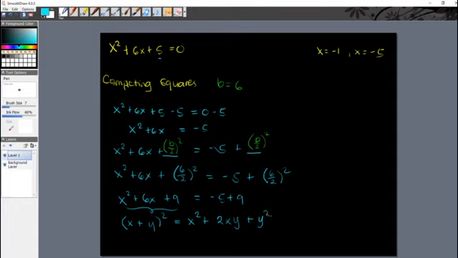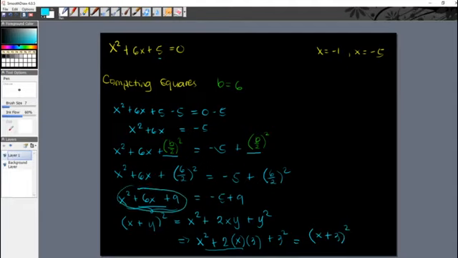So if we pattern this one here, this would look like x squared plus 2 times x times 3, plus 3 squared. So in other words, this can be written as x plus 3 squared.